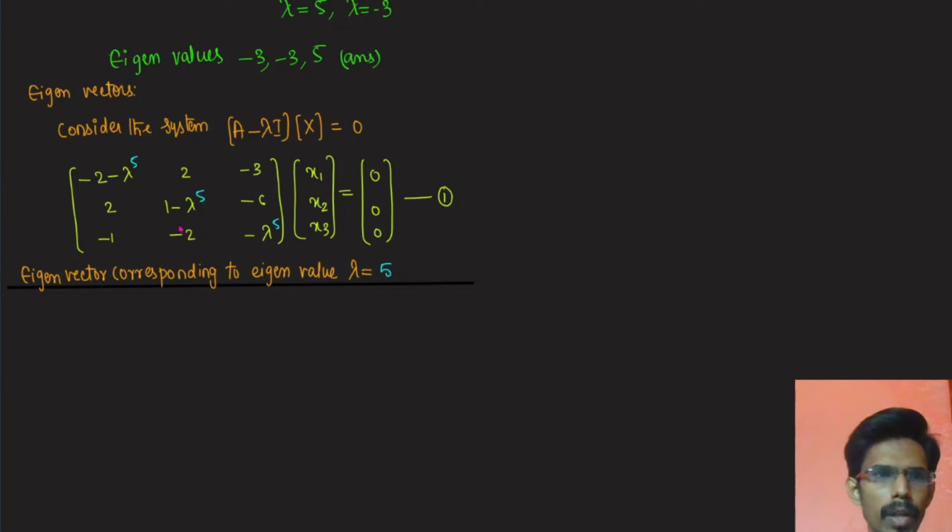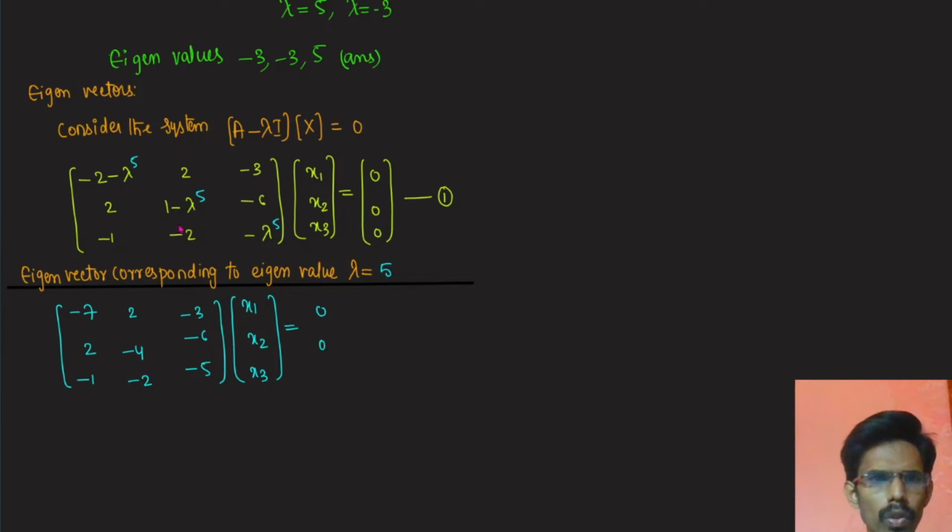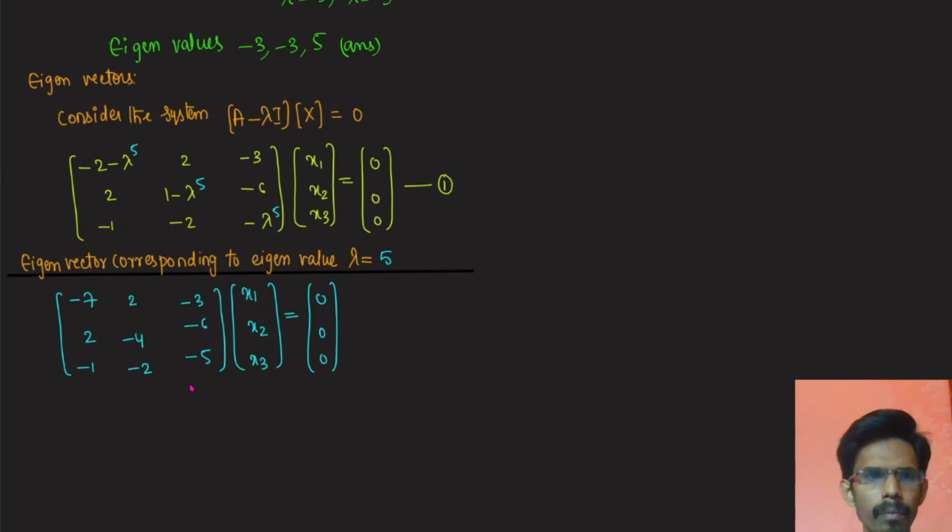So this equation will become -2 minus 5 will be -7. 1 minus 5 will be -4, -2. Next we have -3, -6, -5. Into x1, x2, x3 is equals to 0, 0, 0. Putting lambda equal to 5 in equation 1 gives us this system of equation.